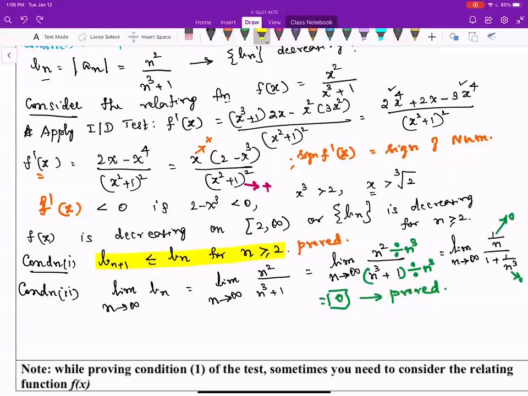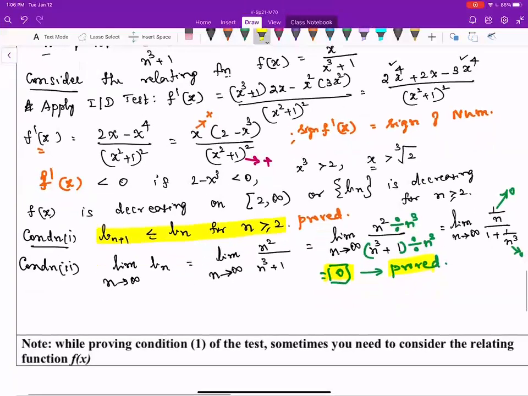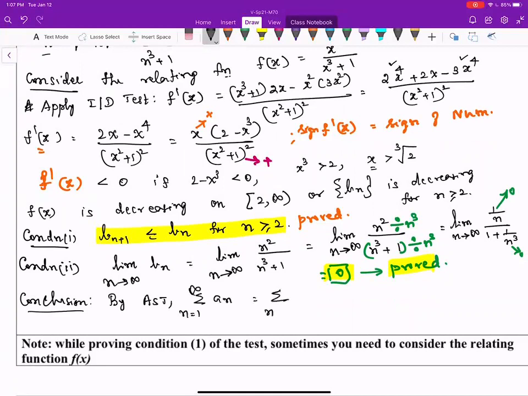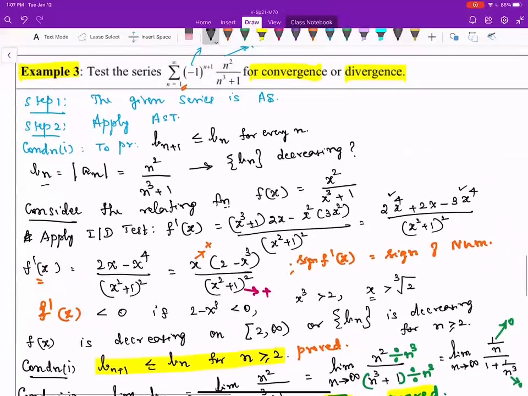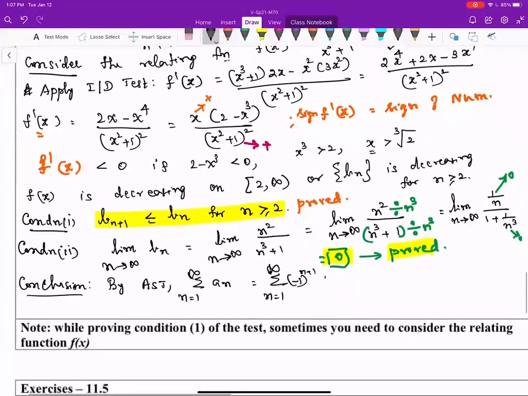So putting these together, we can conclude by the alternating series test that sigma a_n, the given series, sigma (-1) to the power n plus 1 times n square over n cube plus 1, is convergent.